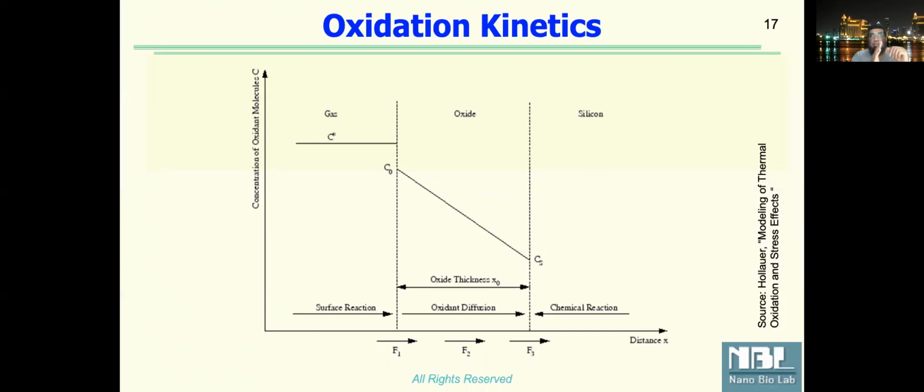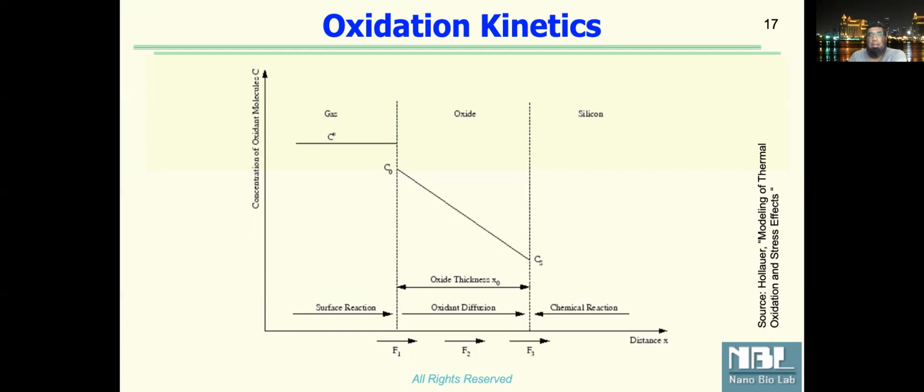If you see the y-axis, that is the concentration of oxygen. At the surface of the chip, it's highest, whatever we have supplied in the tube. But when it diffuses through, the concentration goes down, and once it reaches the interface of silicon dioxide and silicon, there is another concentration. In all these three regions, there are certain properties that go into defining that model, that equation.